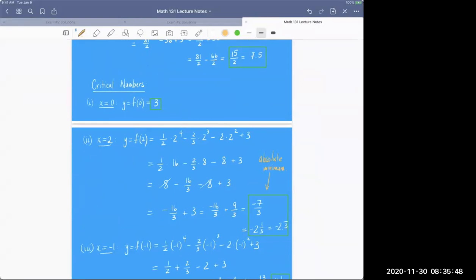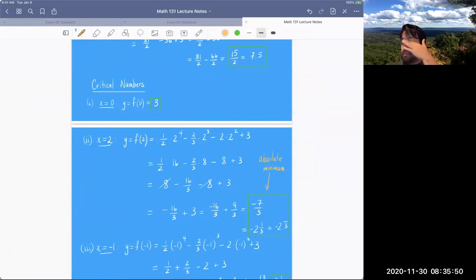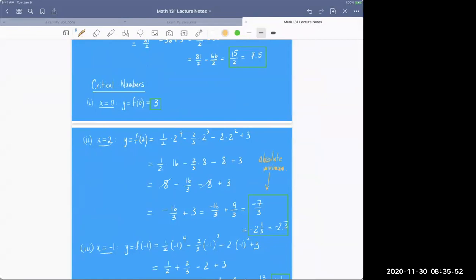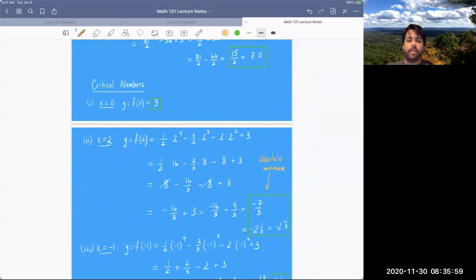Just a side note. The critical number 0, well, the point 0 comma 3 would be a local maximum. So if you want to really give all the information out, then you would say this here is not an absolute max, but it is a local max for sure.